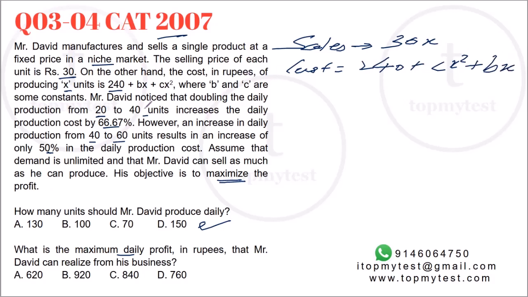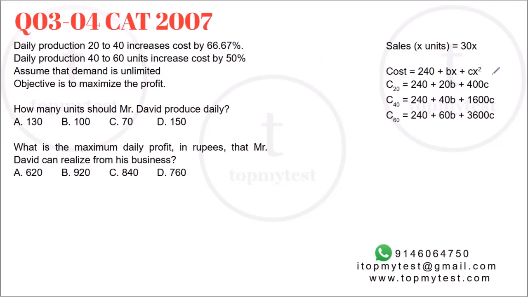We also know at 20, 40 and 60 how much is the change. Let me just rewrite this. I've written this down here neatly. To go from 20 to 40, the cost increases by 66.67%. 66.67% is 2 by 3 extra, so 2 by 3 plus 1 will be 5 by 3. So cost at 40 will be 5 by 3 of cost at 20.